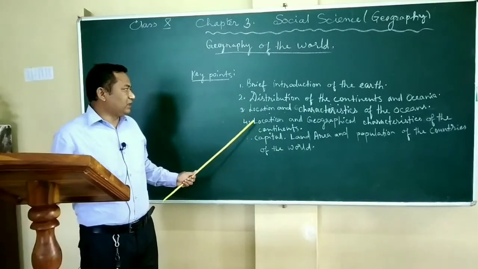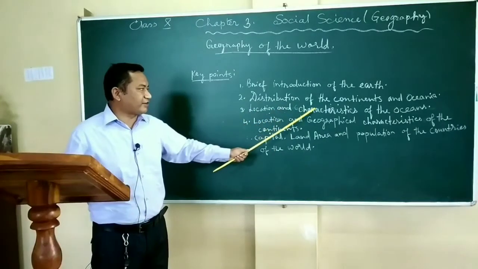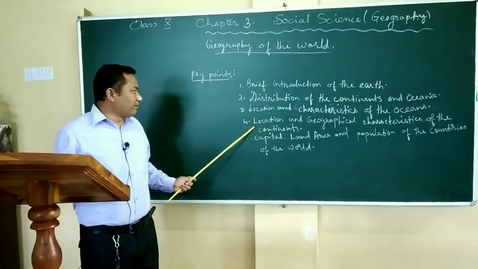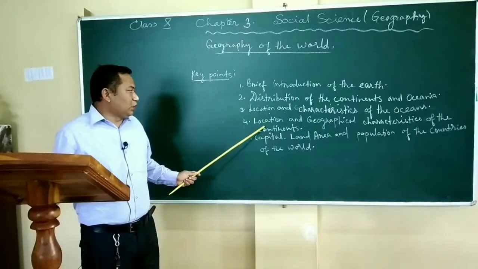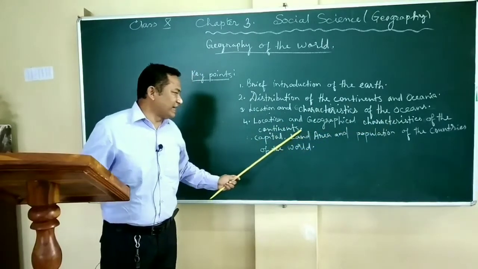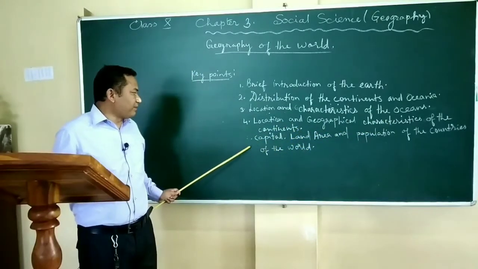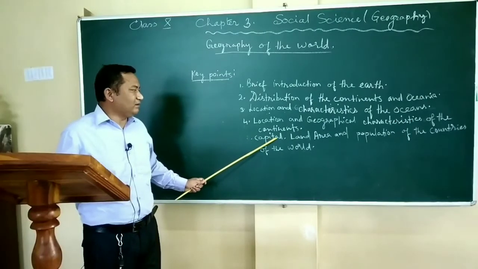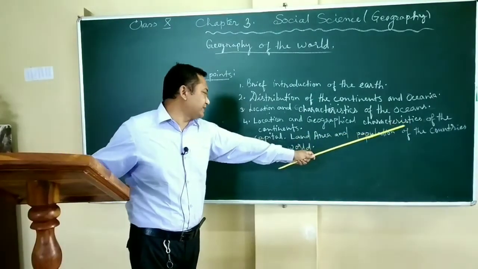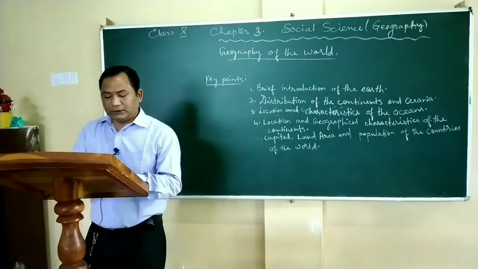Number 3, location and characteristics of the oceans. Number 4, locations and geographical characteristics of the continents. Number 5, capital, land area and populations of the countries of the world.